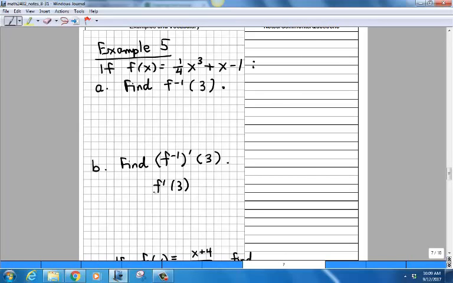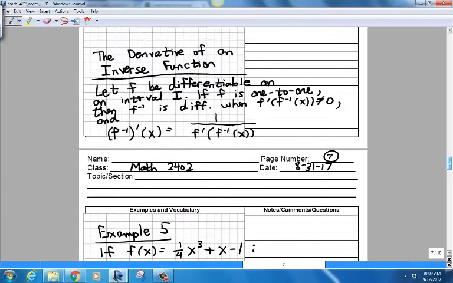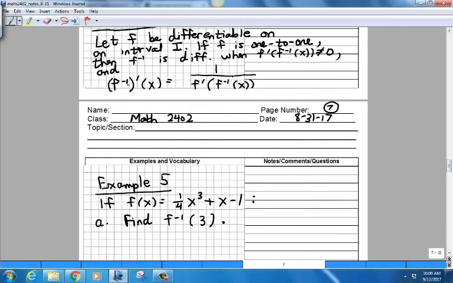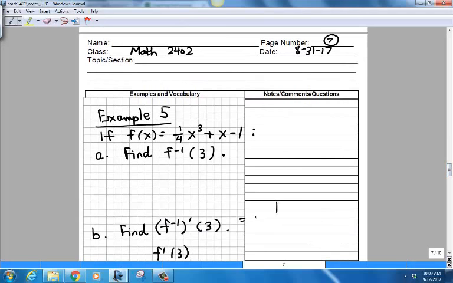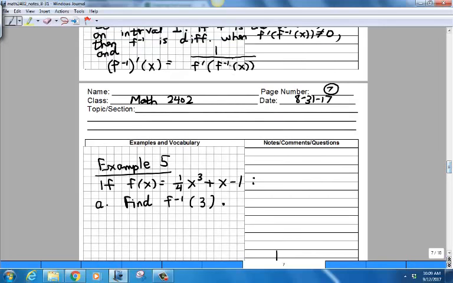Let's remind ourselves of what that formula says. If you want to evaluate the derivative of the inverse at an input, you take 1 over f prime of the inverse. So you take 1 over the derivative of the original function, but where do you evaluate that? At the inverse, right?